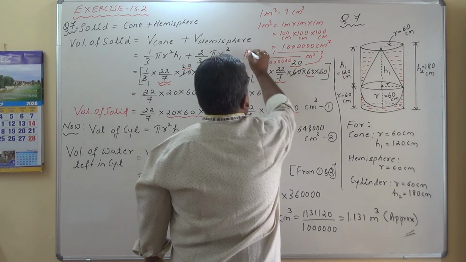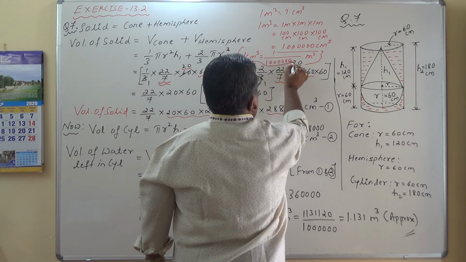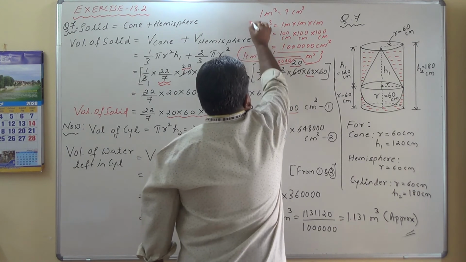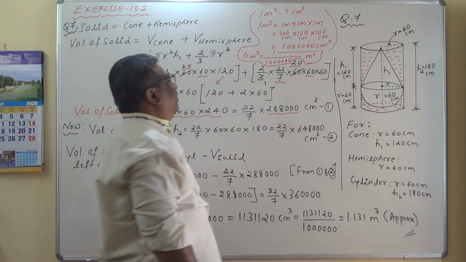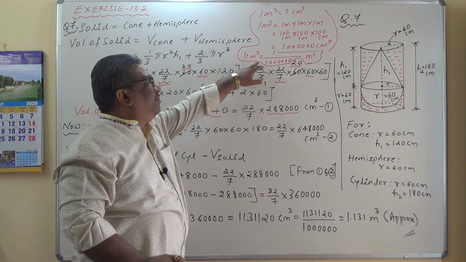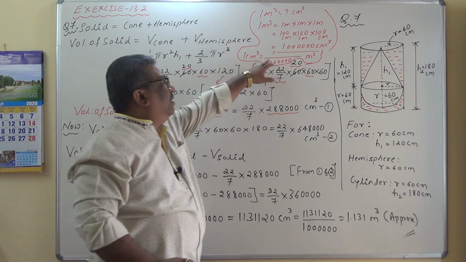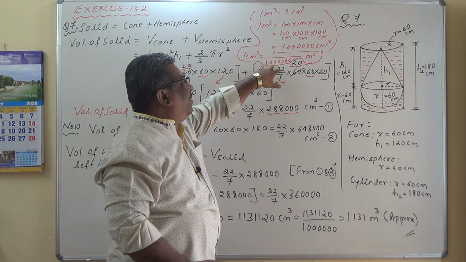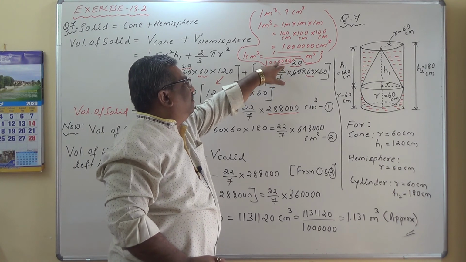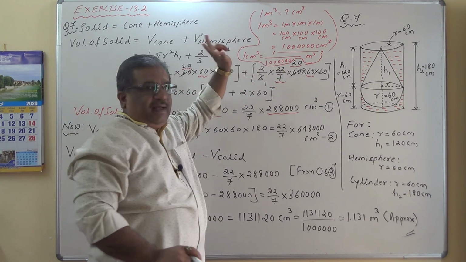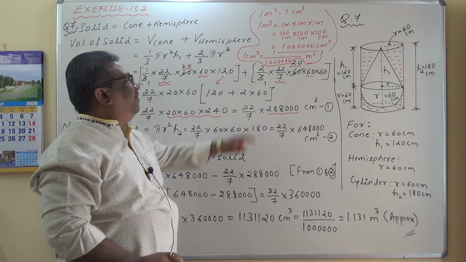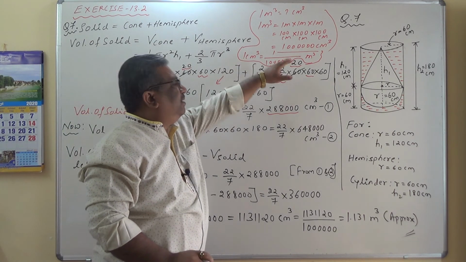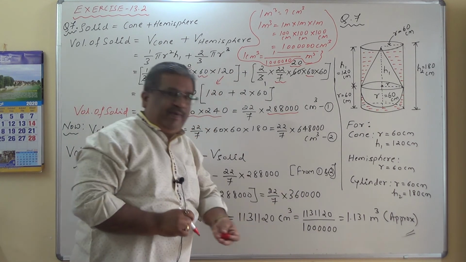So this is what I have done. I need to convert cubic centimeter to cubic meter, so divide it by 10 lakh. If you divide cubic centimeter by 10 lakh, you get the units of measurement as cubic meter.